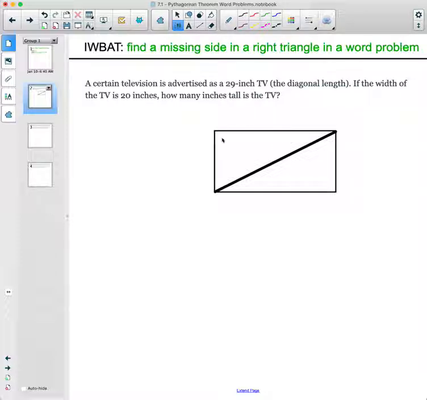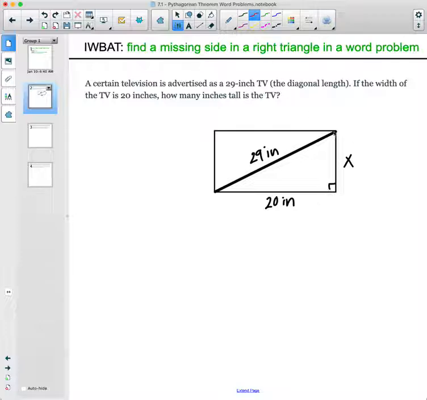A TV has 90-degree angles since it's rectangular, so these are 90 degrees here. This diagonal is 29 inches, and the width of the TV is 20 inches. How tall is the TV? That's going to be our missing length that we're looking for.